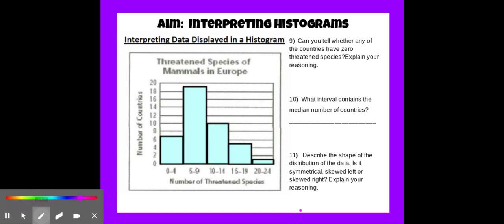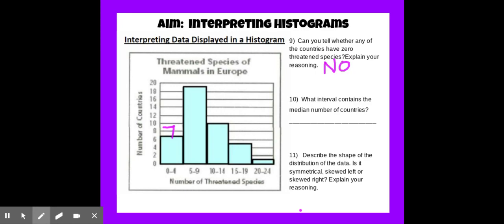Well, I know there are 7 countries that have between 0 and 4 threatened species, but can we exactly say that there's at least one country with 0? And the answer is no. We can maybe speculate that there is, but you can't specifically state that there are countries that have 0 threatened species because we don't have exact data.